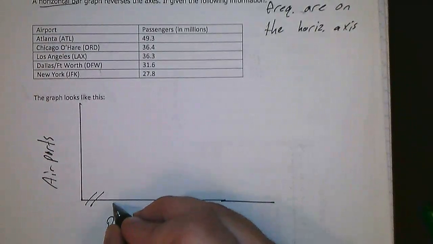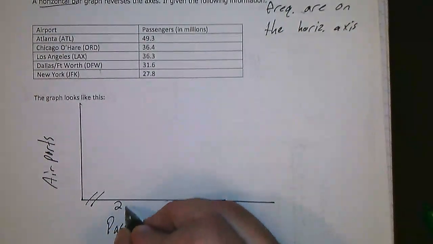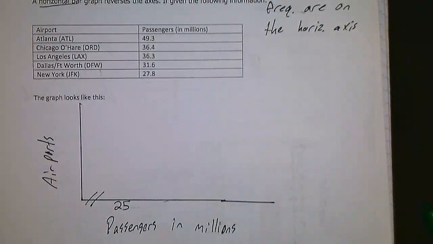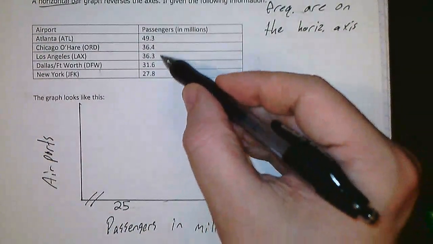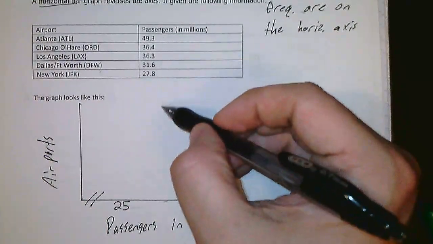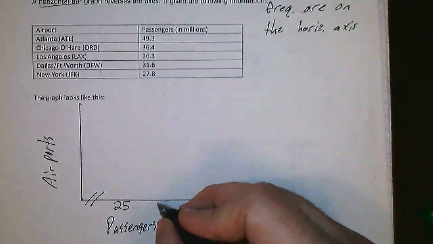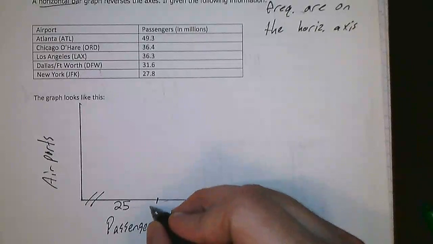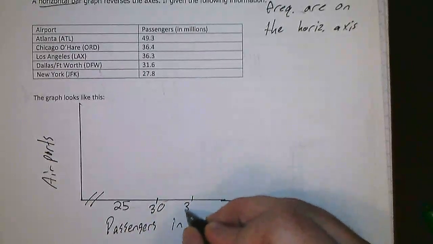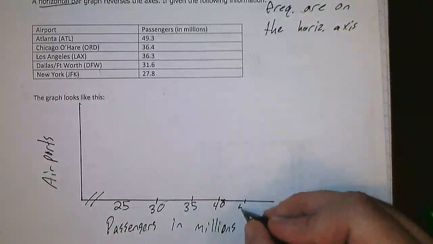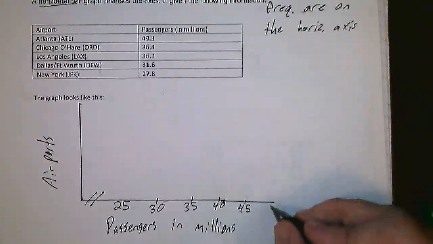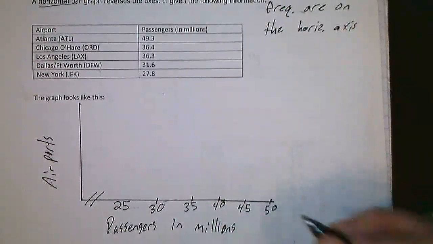So we'll start the numbering at, say, 25. So we need to go from about 25 million to, say, 50 million. So we can go in increments of 5. So 25, 30 million, 35 million, 40 million, 45 million, and finally 50 million.